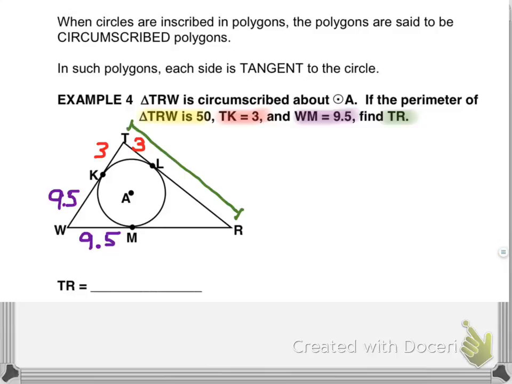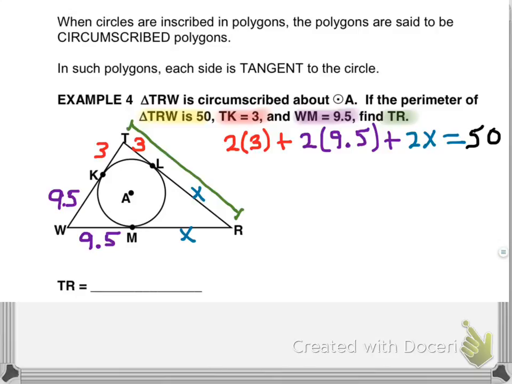And we'll label segments LR and MR as x. Now we'll use those numbers and letters to write an equation to equal the perimeter 50. So 2 times 3 plus 2 times 9.5 plus 2 times x equals 50.